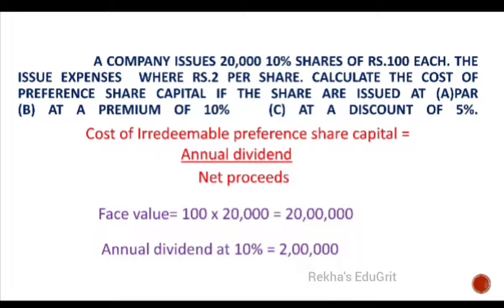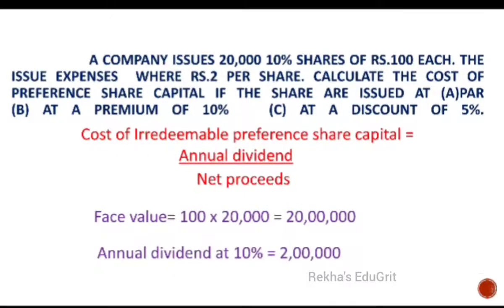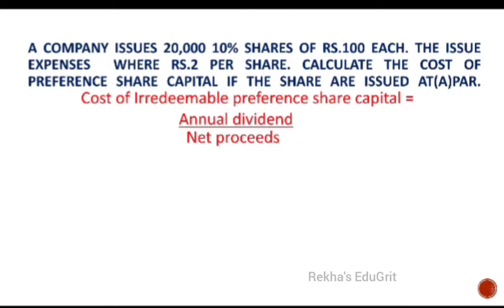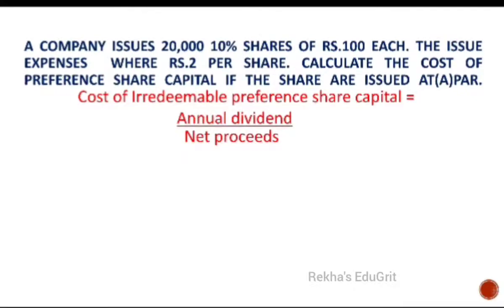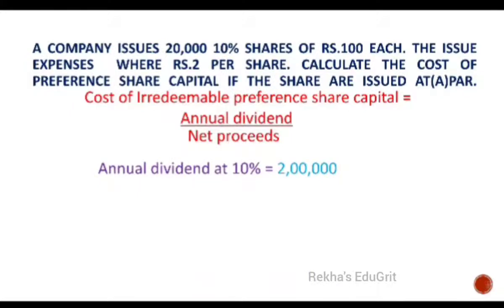We have to calculate when it is issued at par, then premium and discount. One by one, let us start. First one is when it is issued at par. Here the annual dividend we have already calculated, that is 2 lakh. In the question, the issue expenses have been given.